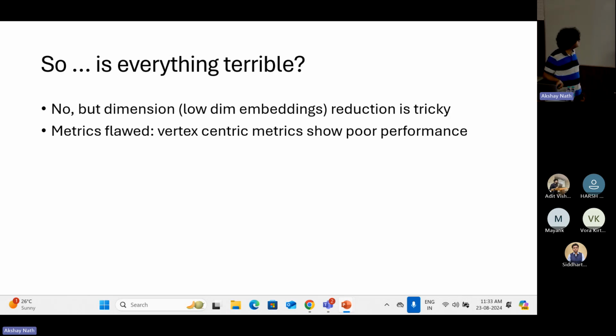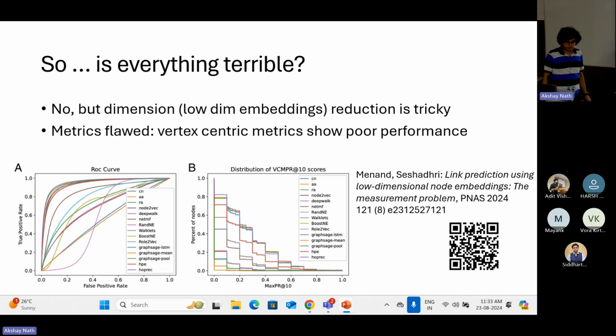But if you switch this to a vertex-centric measure, VCMPR, think of it as looking per vertex and seeing how many of these vertices have good output. That decays a lot faster, even for the methods that do nearly perfect, close to perfect in the ROC curve. Our metrics are flawed.